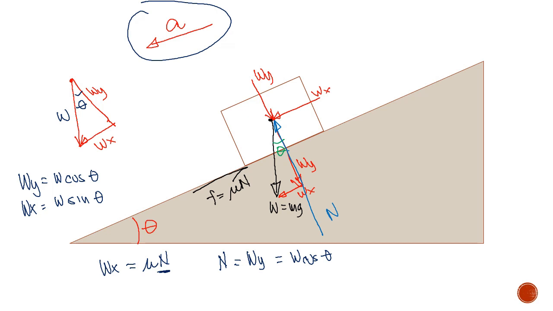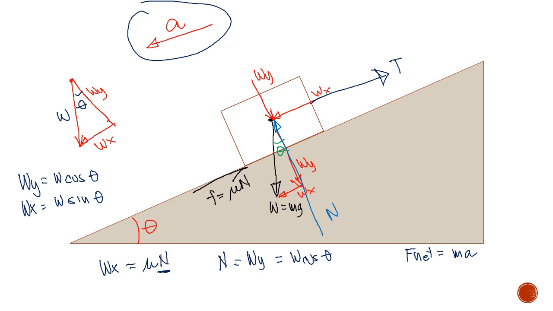If in case there is some tension here, you just have to consider this one. And if you're going to apply Newton's second law of motion, which is F net is equal to MA, the first thing you do is you assume the direction of the acceleration.